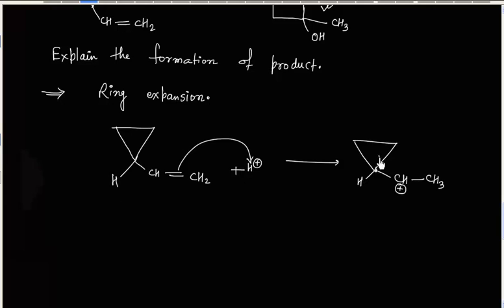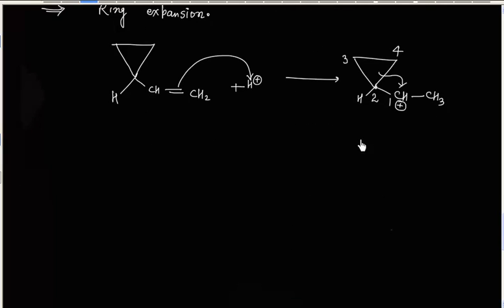So if I shift this group here, that is we are adding these two carbon. So in this case we will have a 4-membered ring. This is 1, this is 2, this is 3, this is 4. Carbon number 1 will have a CH3 group and carbon number 2 will have positive charge.